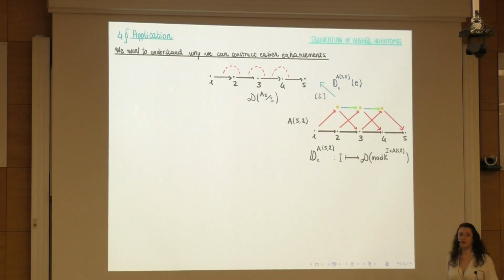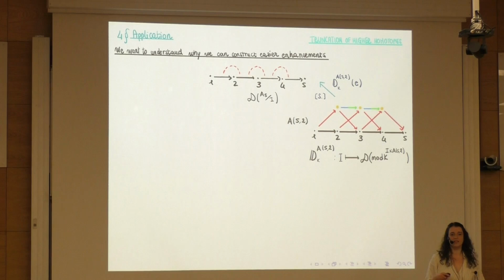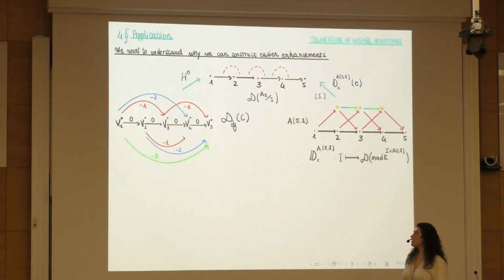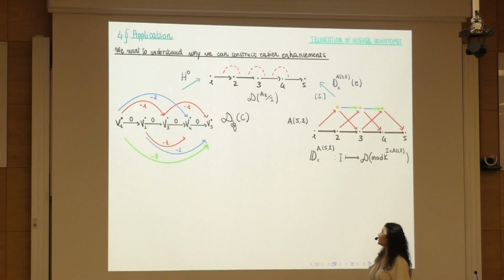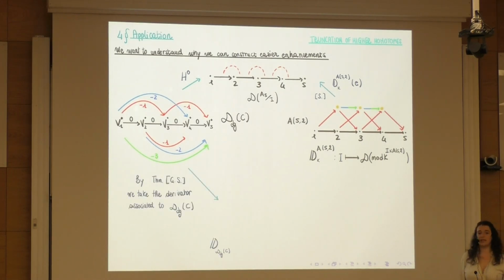So what is more straightforward when you work with the right categories to do is taking instead the DG enhancement. And we already saw what's the DG enhancement of this right category, which was the right DG category of C. Now that I have my theorem, I can actually apply the theorem to this particular DG category, and I will get a derivator.